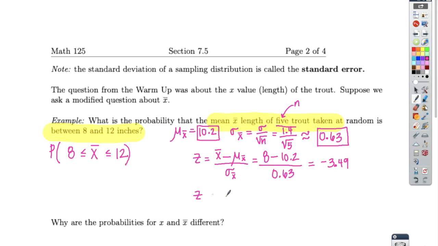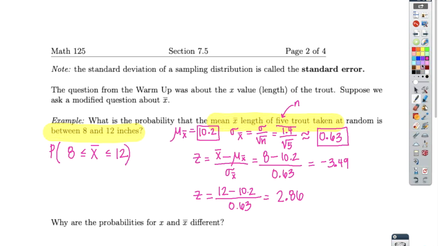I'm going to do the same thing for the x bar value of 12. So I'll do 12 minus the mean, 10.2, over the standard deviation, 0.63. And I throw those into my calculator, and I get something around 2.86.